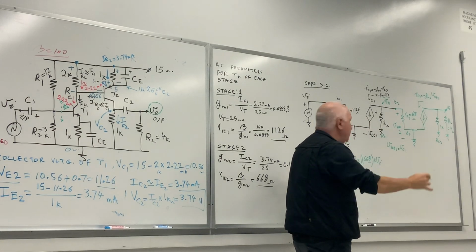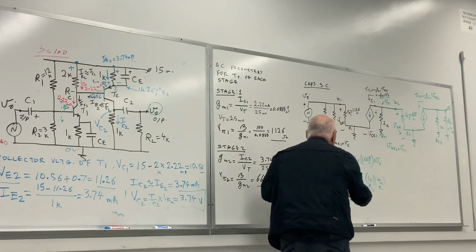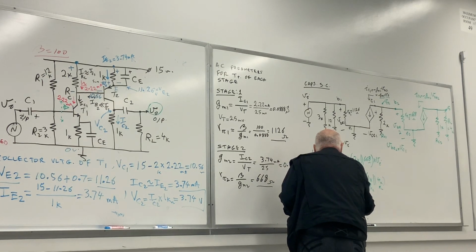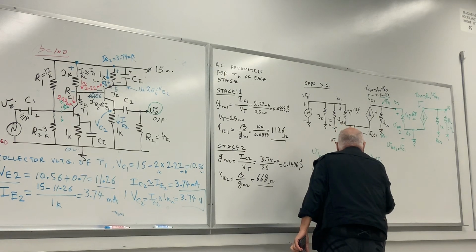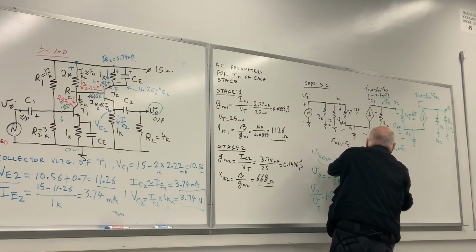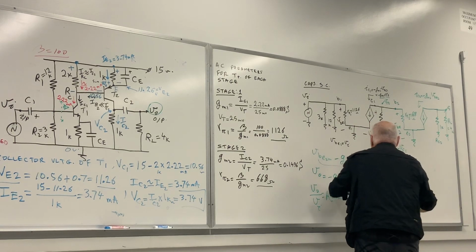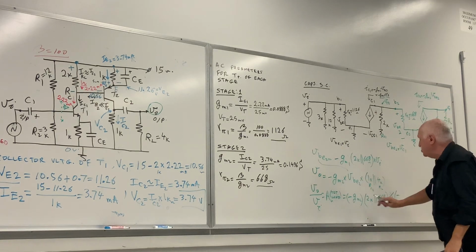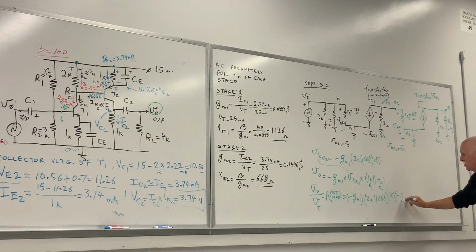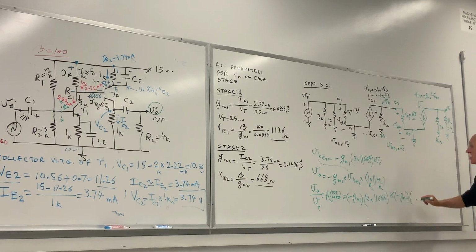So if you combine everything together, you make another substitution from here into here, stage by stage, you get the final voltage gain, which is called AV total loaded, equal to minus gm2 multiplied by 2K parallel to 668, multiplied by minus gm1, sorry, minus gm1 times that, and then minus gm2 multiplied by this last one, 1K parallel with the 4K, finished.